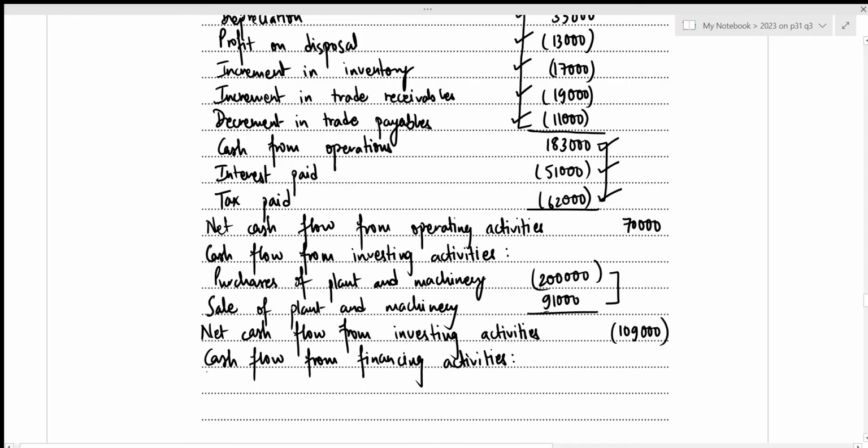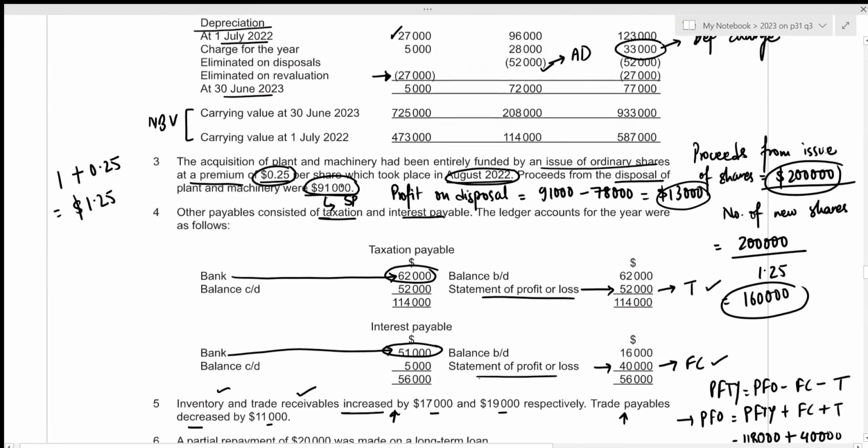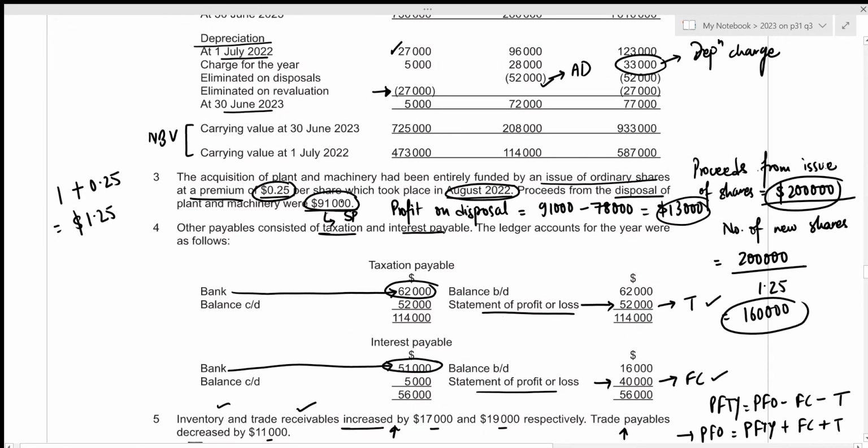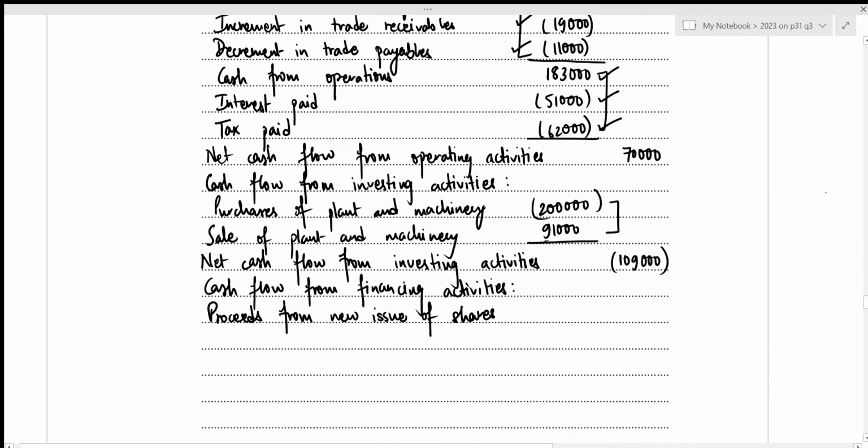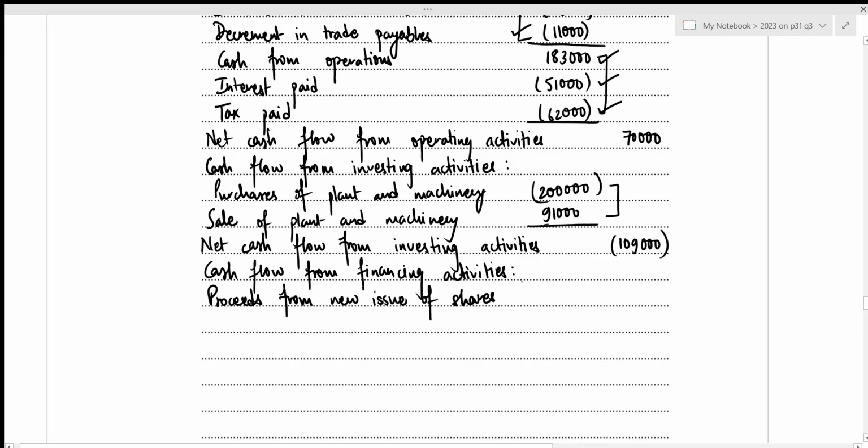The very first thing that we can write down is the proceeds from new issue of shares. And we were told that the proceeds of shares were utilized in order to fund the purchase of plant and machinery. So the amount will be the same, that's 200,000. And since this is the proceeds, we will be actually receiving it from the shareholders. So this will act as our cash inflow.